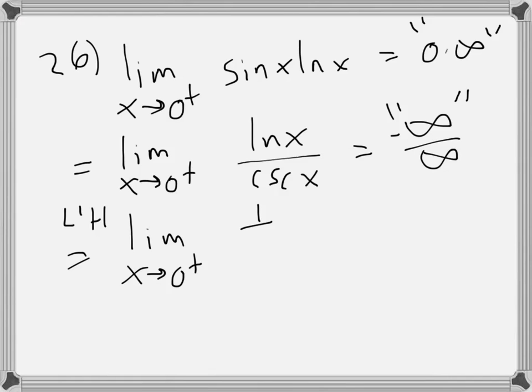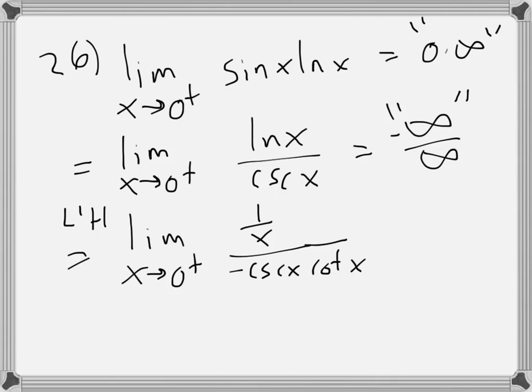And ln x becomes 1 over x, and cosecant becomes minus cosecant x, cotangent x. Now, what I'd like to do to simplify this is basically flip everything, because I can't quite tell what's going on. The top is going to infinity, but I don't know about cosecant and cotangent.